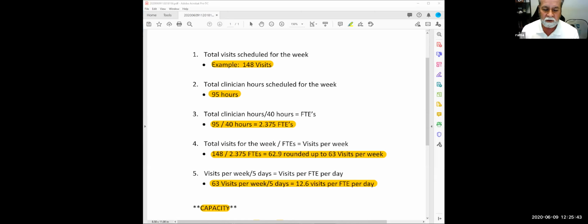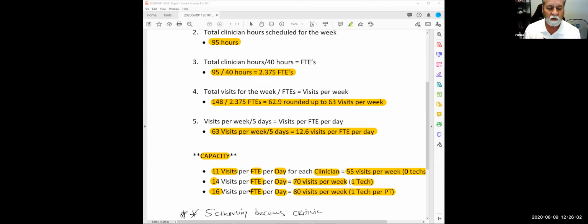And 21.5 divided by 8 gives us 2.69 FTEs. It's telling me that I need 2.69 FTEs in order to see those visits. Now you take your total visits, 35, and divide that by your 2.69 FTEs, and that would leave you at 13 visits per FTE per day.